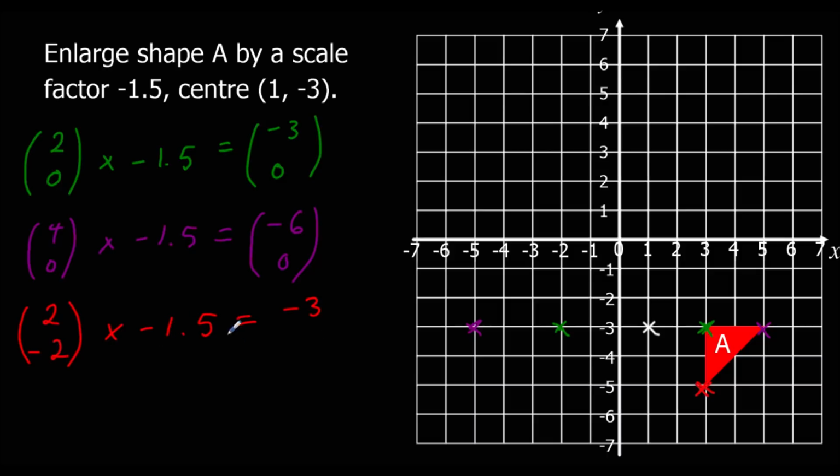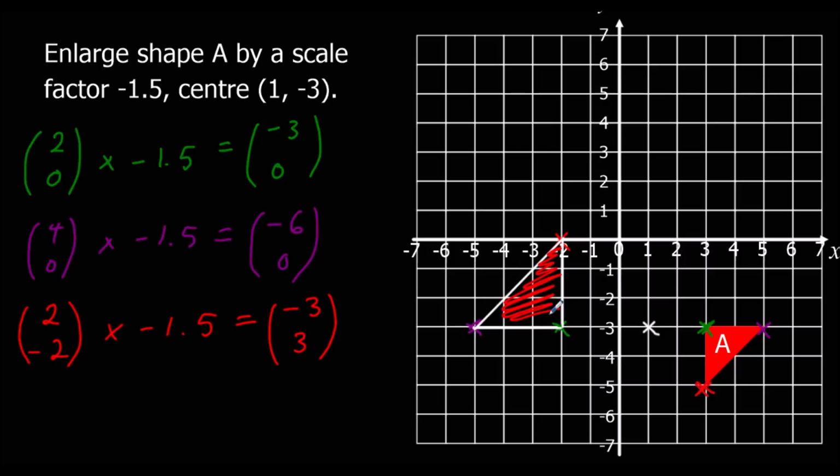So minus 2 times minus 1.5 is 3. So to get to my red point, I'm going back 3, up 3. And I'm going to join up my 3 corners of the triangle. So I've got my new shape.